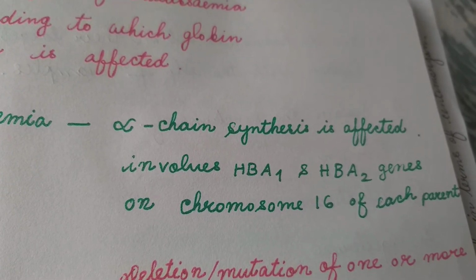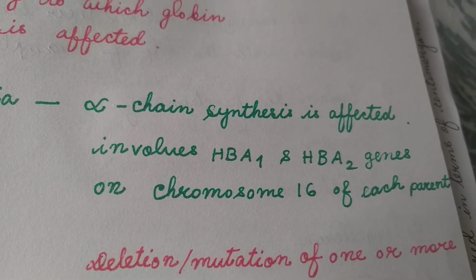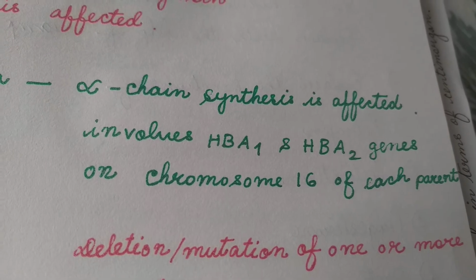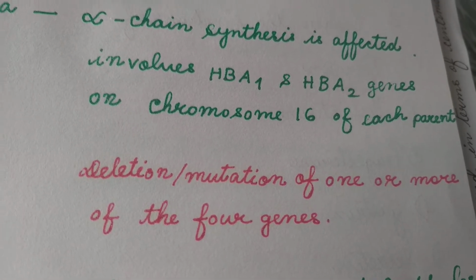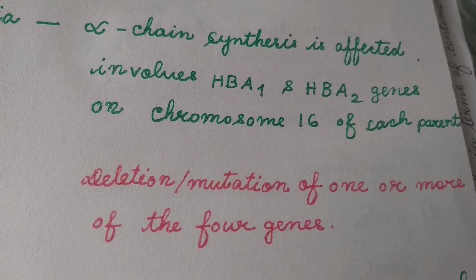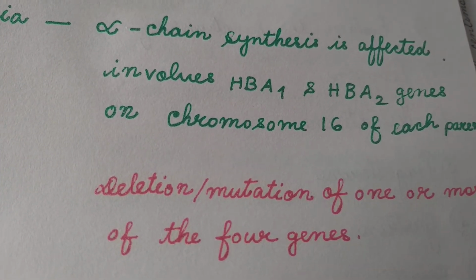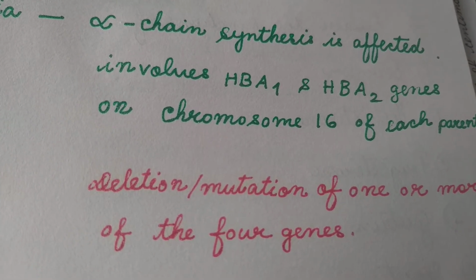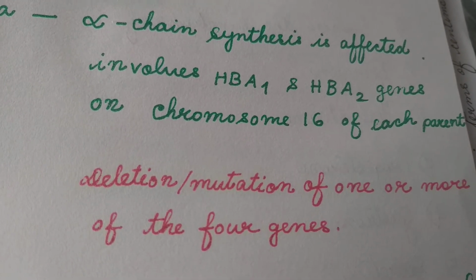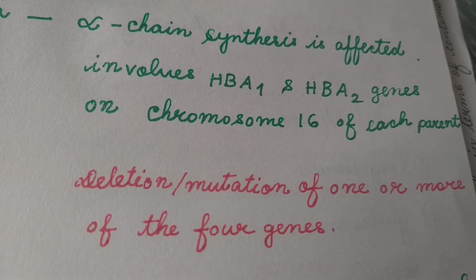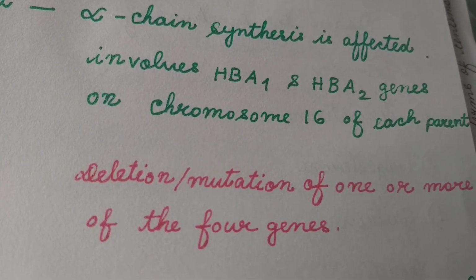Alpha thalassemia involves two genes, HBA1 and HBA2, present on the 16th chromosome from each parent. The main cause is deletion or mutation of one or more of the four genes, because alpha chains are encoded by four loci: HBA1 and HBA2 on the chromosome from the mother, and HBA1 and HBA2 on the other 16th chromosome inherited from the father.